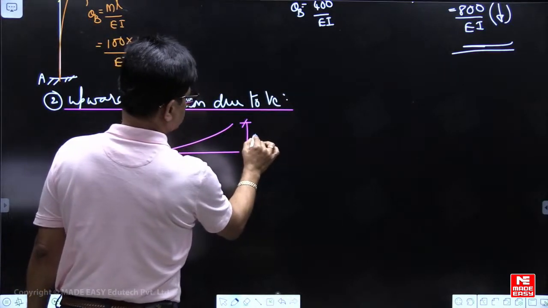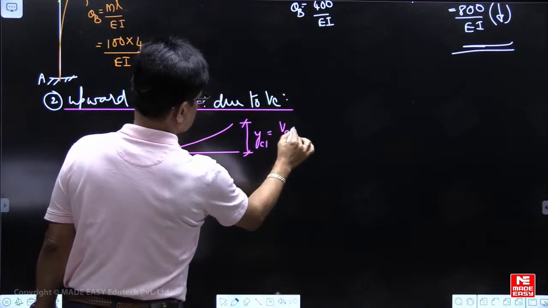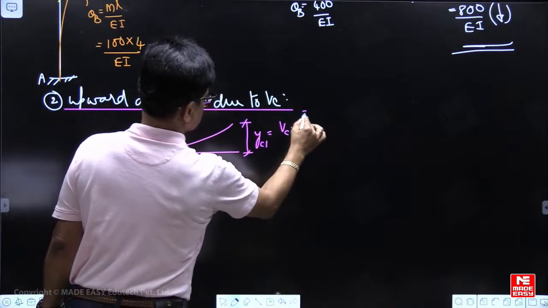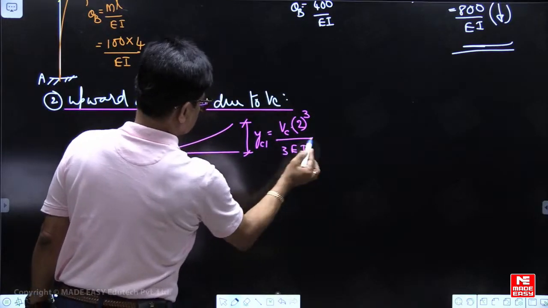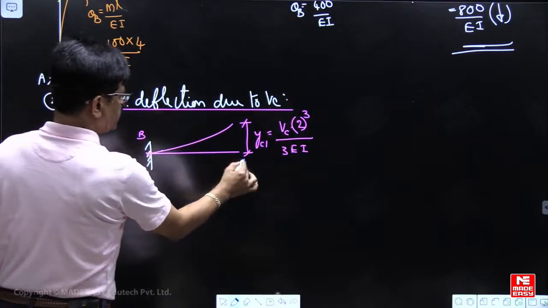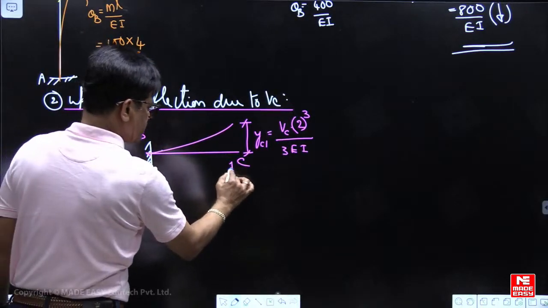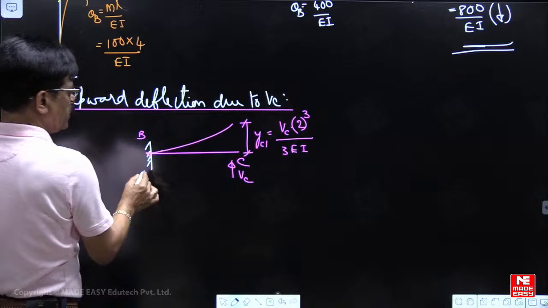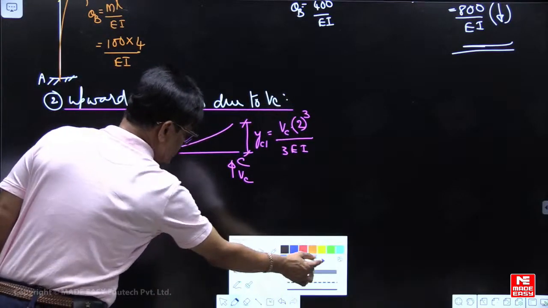This is L cube by 3EI, but there is a reaction VC, but here theta B is 0 you have taken, but theta B is not 0.